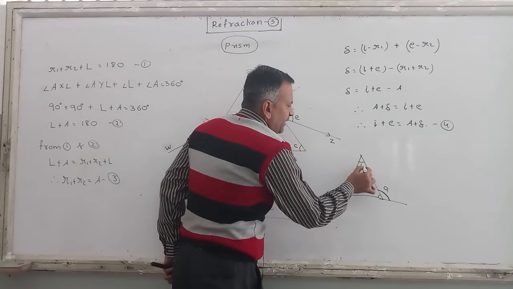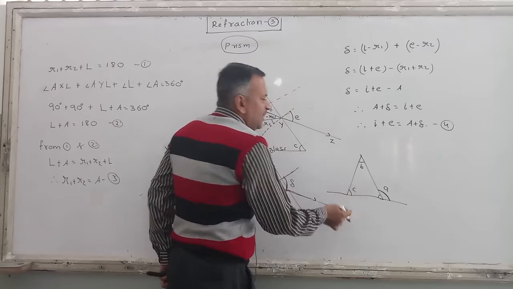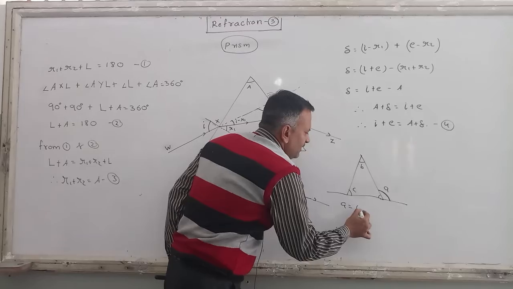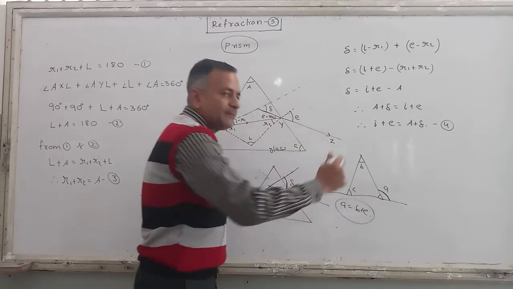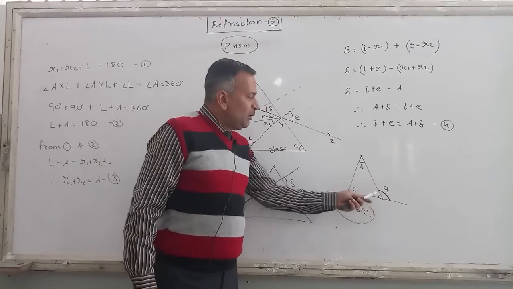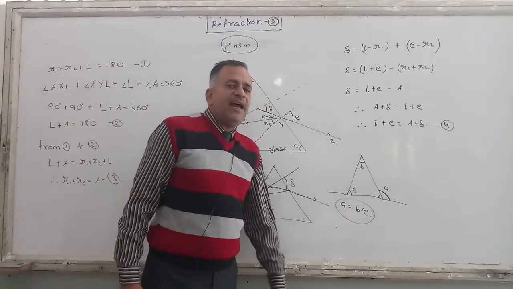These two, B and C, are remote interior angles. So can I write? A is equal to B plus C. Okay? Measure of exterior angle is equal to sum of remote interior angles.